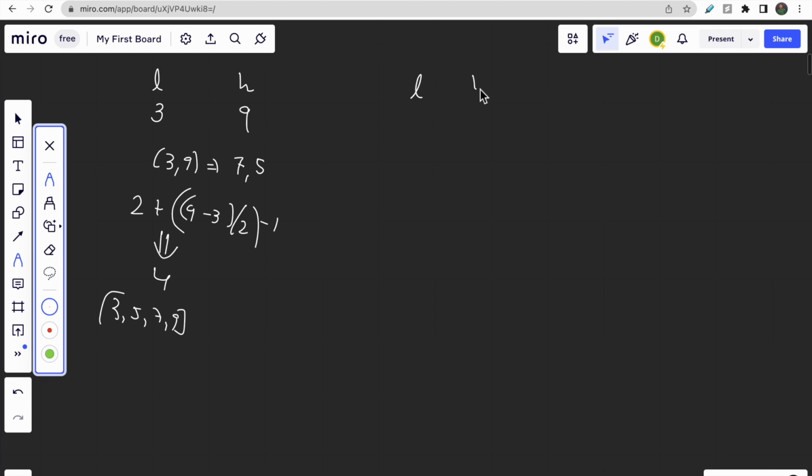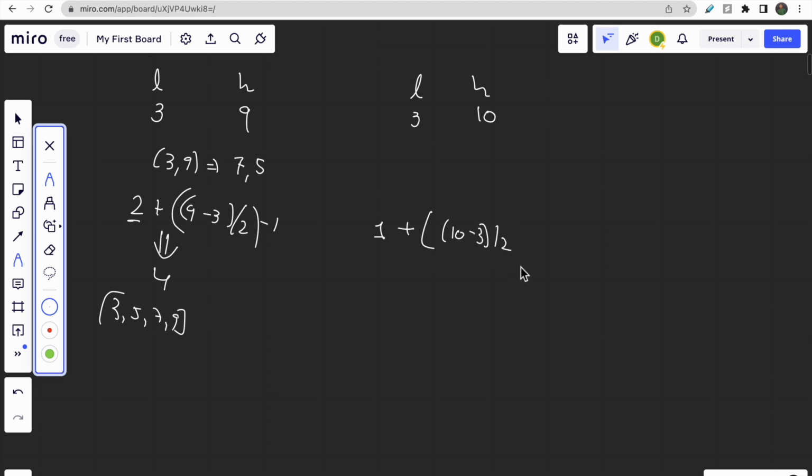Now let's say you have low and high like this. Low is 3 and high is, let's say, 10. In that case you can see that low is an odd number but high is not an odd number. So in this case we will take only 1 instead of 2: 1 plus (high minus low) by 2, that is 10 minus 3 by 2.